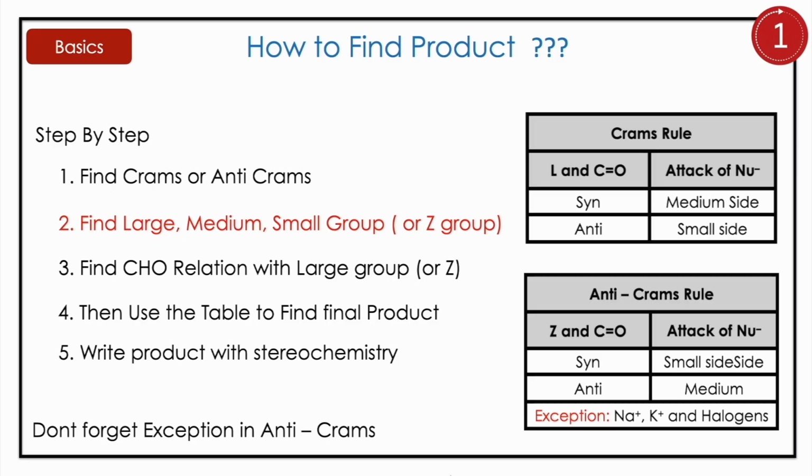Then if you know the relation, use the table to find the product. In Cram's rule, syn means medium side attack, anti means small side attack. In anti-Cram's rule, syn means small side attack, anti means medium side attack. Then write the product with stereochemistry. Here an important thing is don't forget the exception in anti-Cram's rule: sodium and potassium don't chelate, and halogens don't chelate.